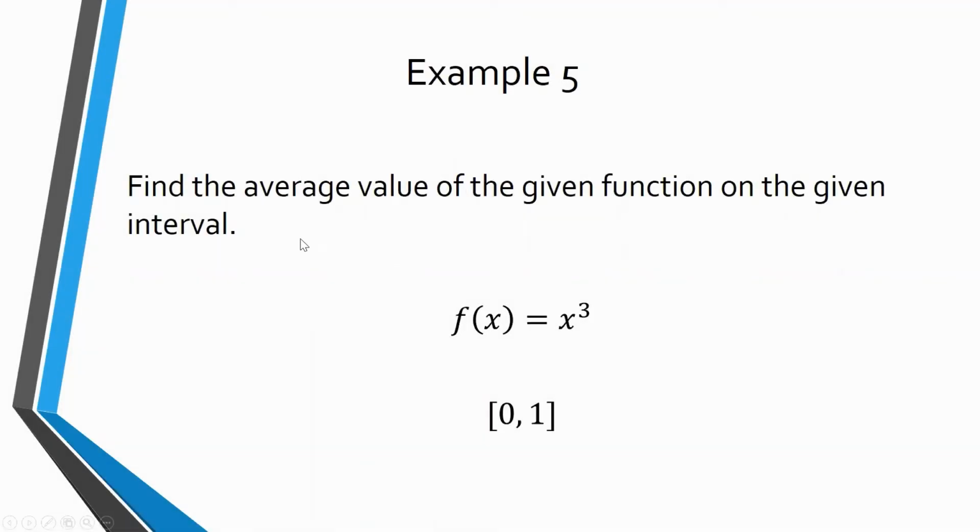Let's do this example. Find the average value of the given function on the given interval. f of x is equal to x to the third on the interval from 0 to 1. Let's go ahead and compute that using the fundamental theorem of calculus.